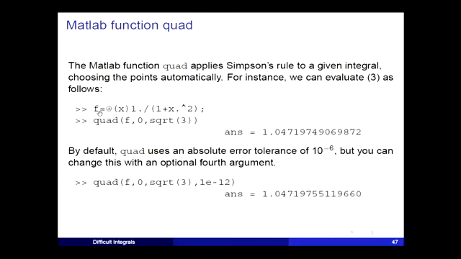What you have to do is define a function anonymously. So this is an anonymous function. Then you pass the function to quad, and pass the beginning, the left and the right end. And sometimes you can pass in the tolerance, like how many digits you want it to compute. So it's very easy to use.